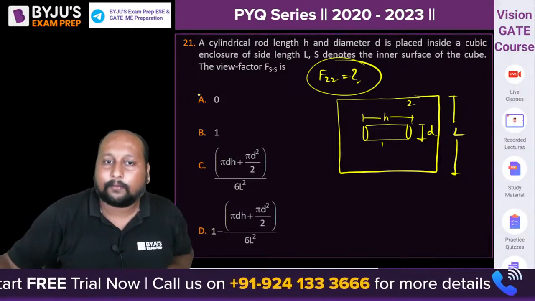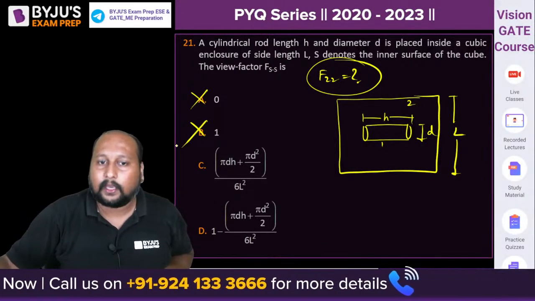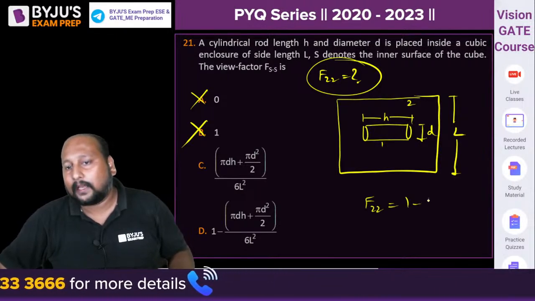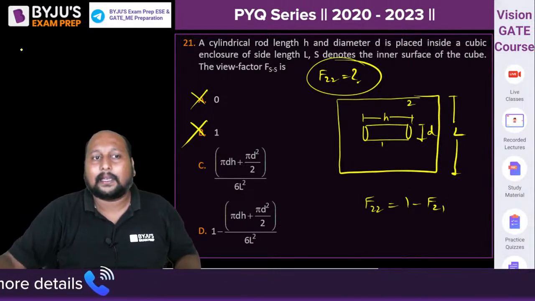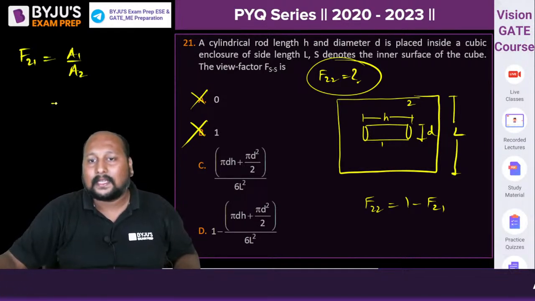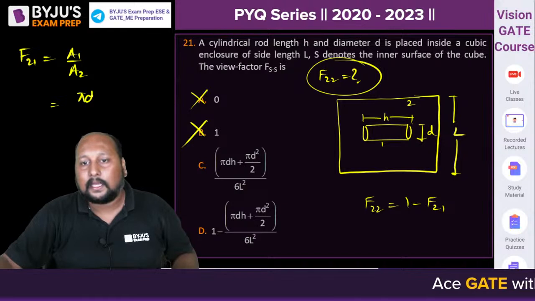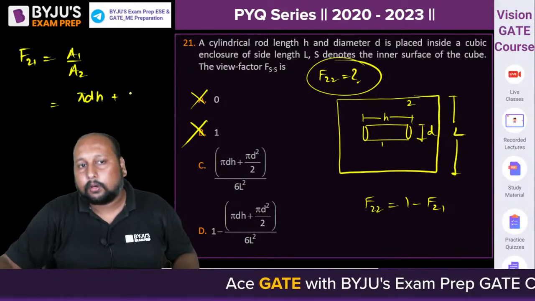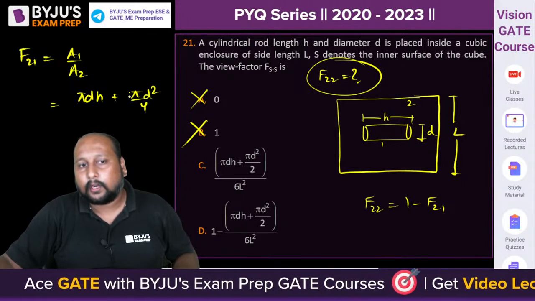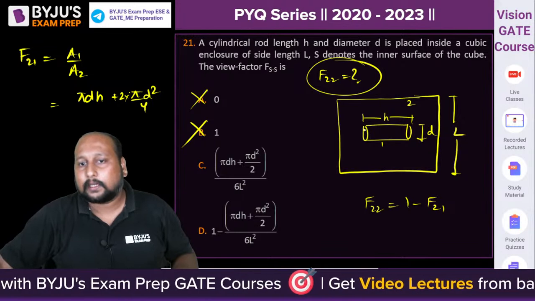Look, you cannot have A, you cannot have B, and definitely it is, what is F22? F22 is equal to 1 minus F21. How will F21 be found? Reciprocity theorem. F21 is equal to A1 by A2. What is A1? A1 will be equal to pi d h plus pi d square by 4 into 2, because there are two circles.